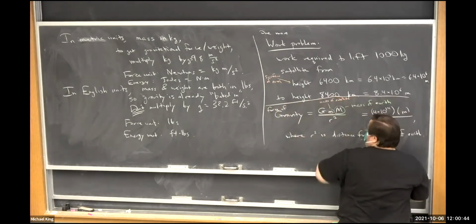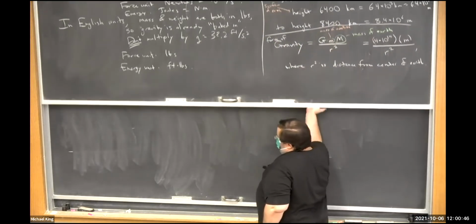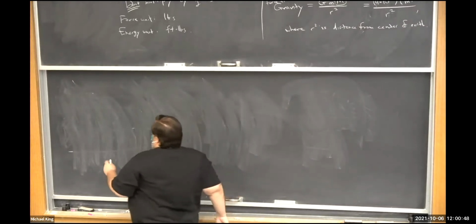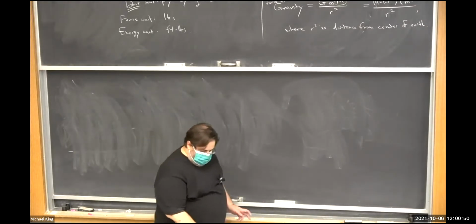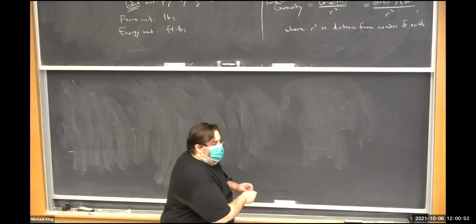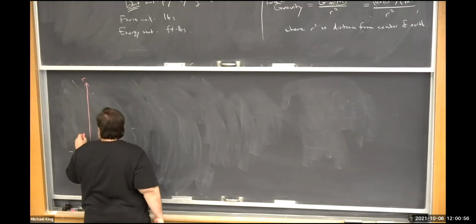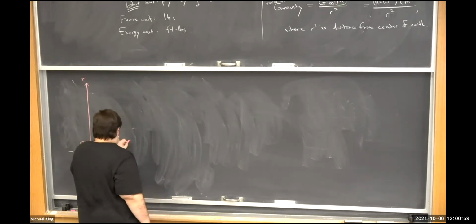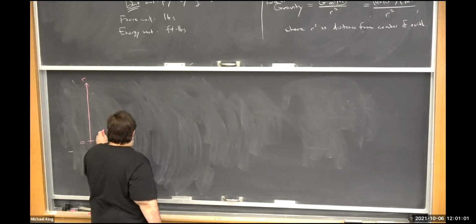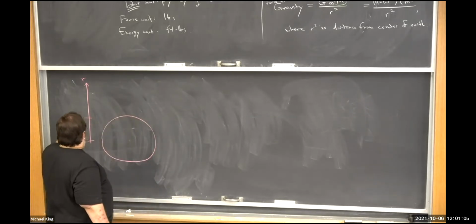So let's draw this. Because I'm always in these problems drawing an axis, right? So this is r. This is 0, the center of the Earth. And this is 6,400 kilometers.